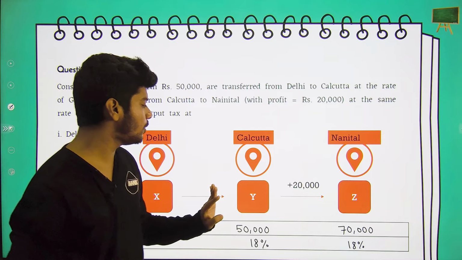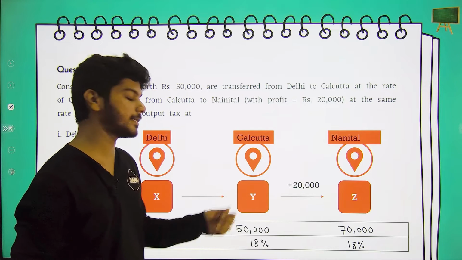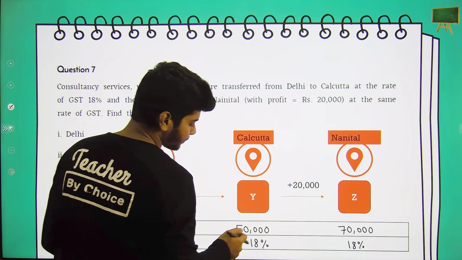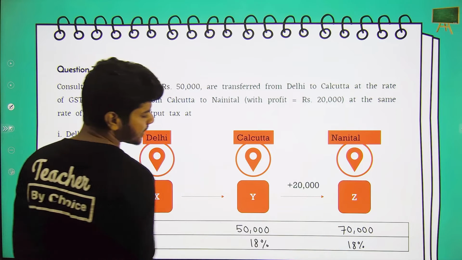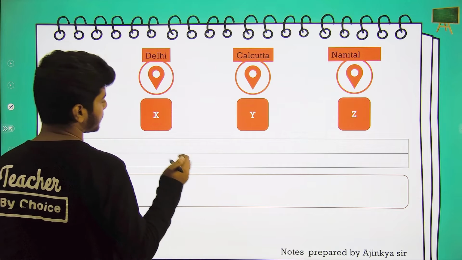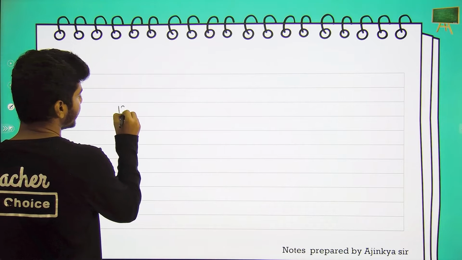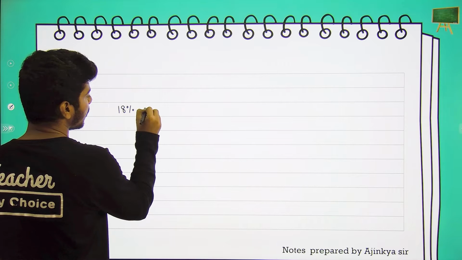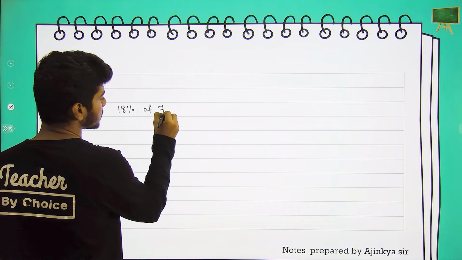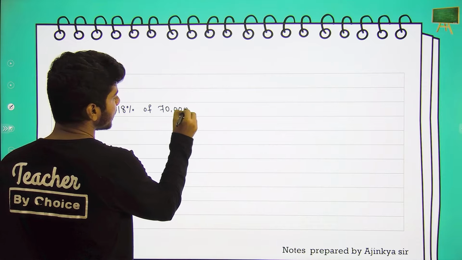First, what we will do? First, we will calculate output tax at Y. So 18% of 70,000. This will give me output tax.